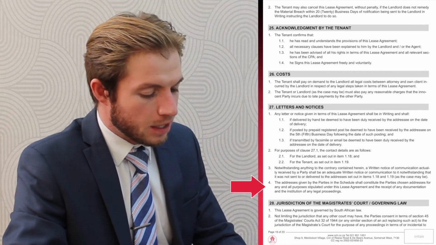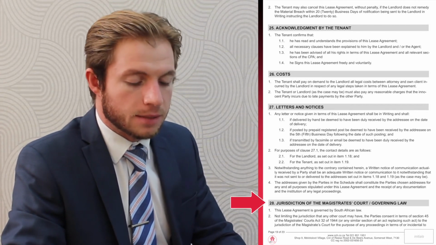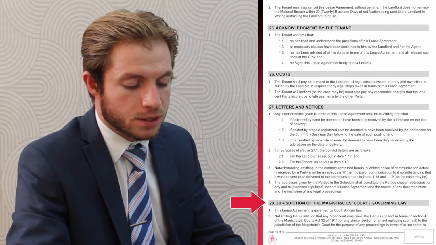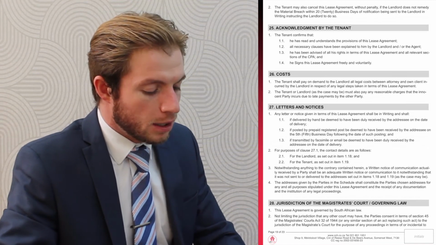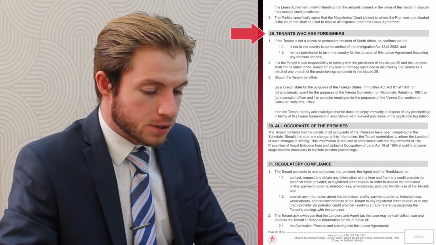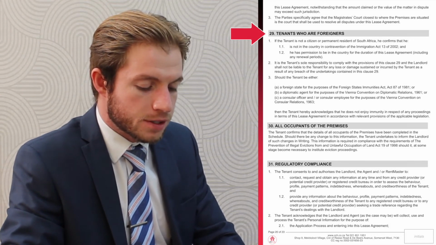Clause 28, legal jargon, jurisdiction of the magistrate's court. It just basically means that if a civil action is instituted, it must be done in the magistrate's court and not the high court. Clause 29, perhaps just important to very briefly look at that. Tenants who are foreigners.